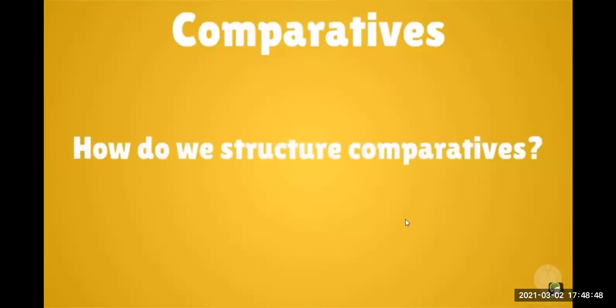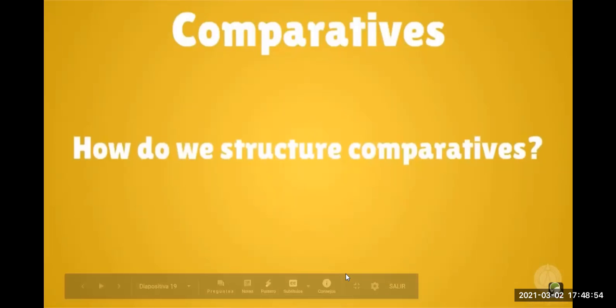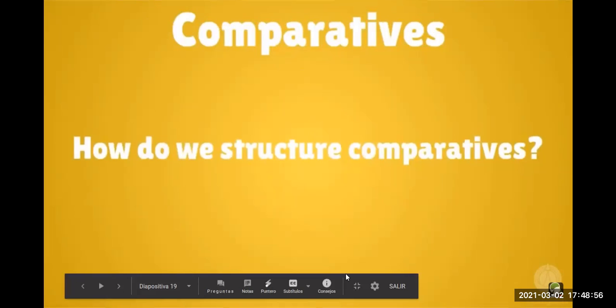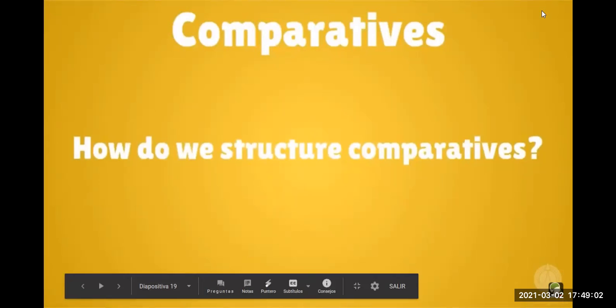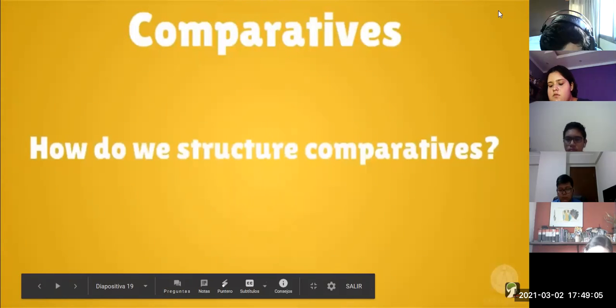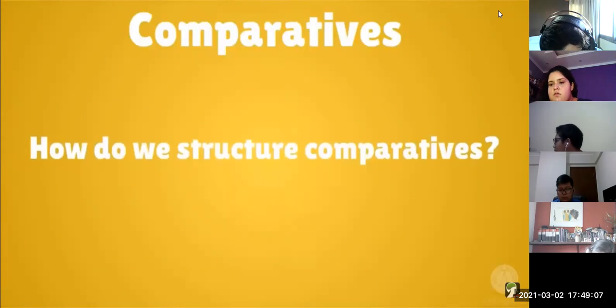Okay, so now we are going to see the structure of the comparative. So what is a structure? How do we use these comparative adjectives in a sentence? Do you remember? How do we use these comparative adjectives in a sentence? What do you think?